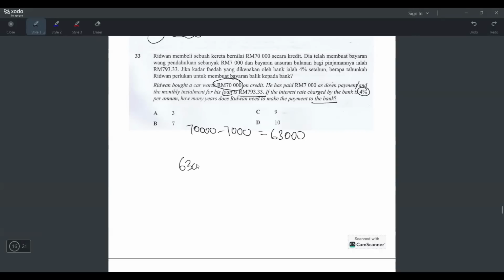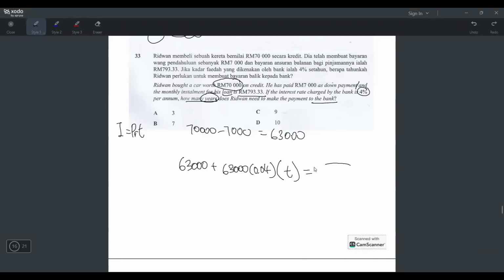So the 63,000 must be added with interest. The formula for interest is PRT, so I use I equals PRT. P is 63,000. R is the rate, which is 0.04, because 4% means 4 divided by 100. And T, they ask us to find how many years. So T, I don't know.